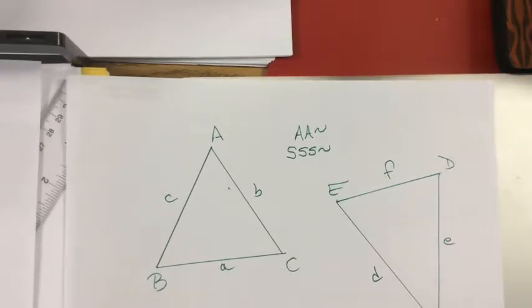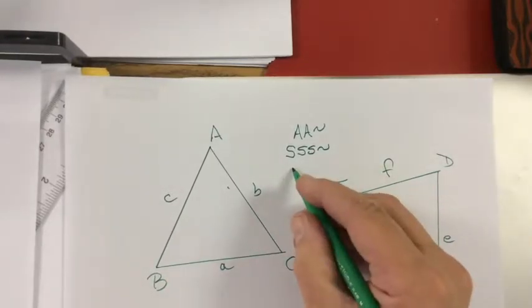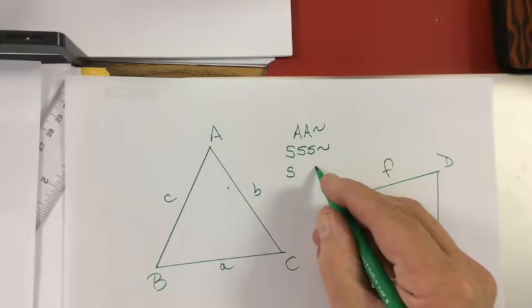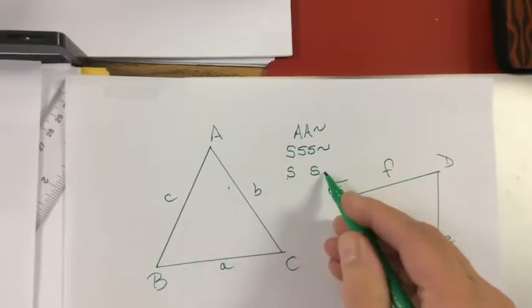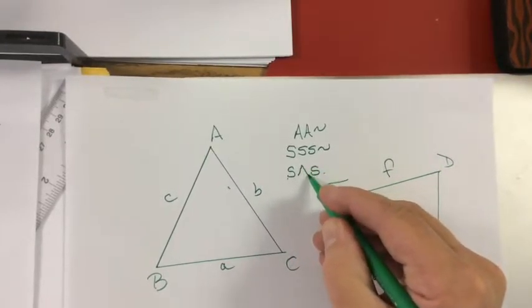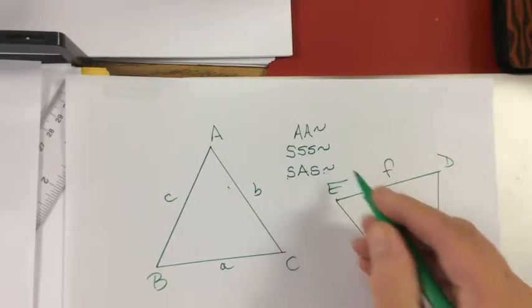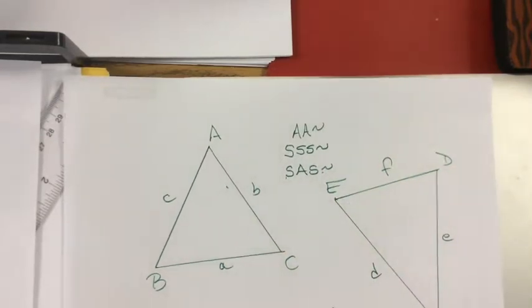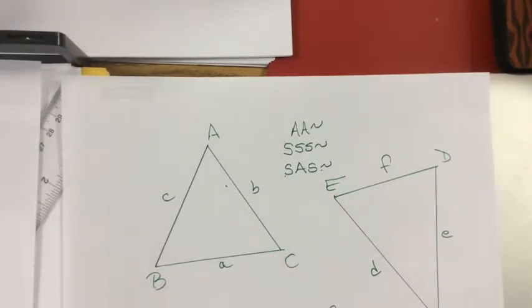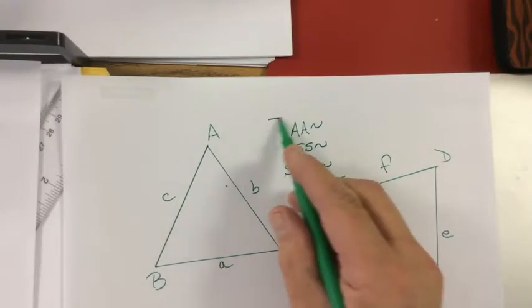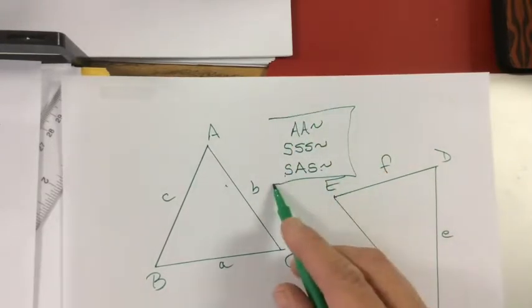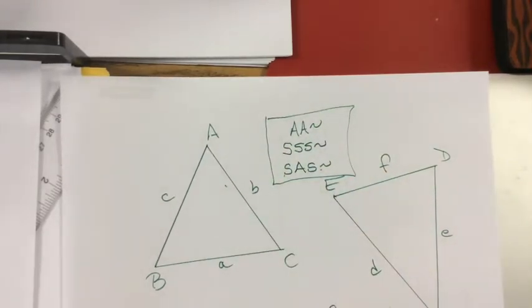Then you don't have to talk about the angles at all. Or if you can show that 2 pairs of sides have the same ratio and the angle in between them on both triangles are congruent, that will be enough. These are the 3 ways of going about proving that triangles are similar.